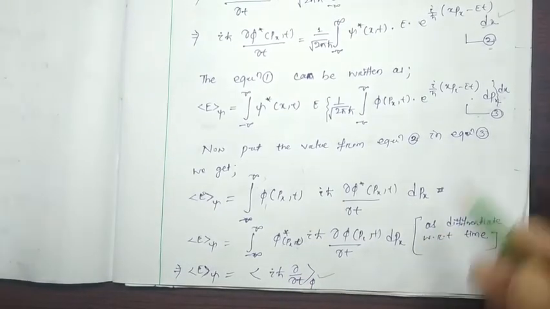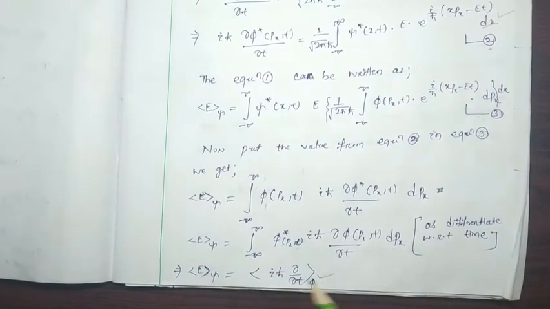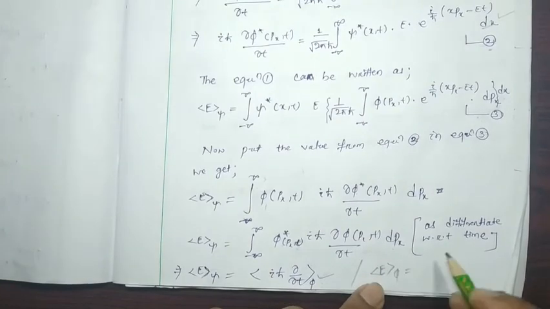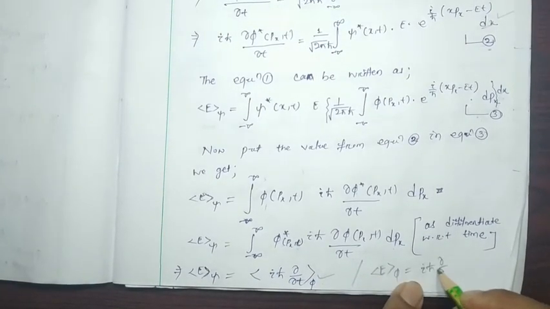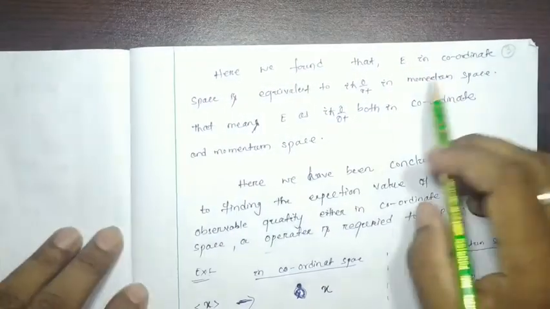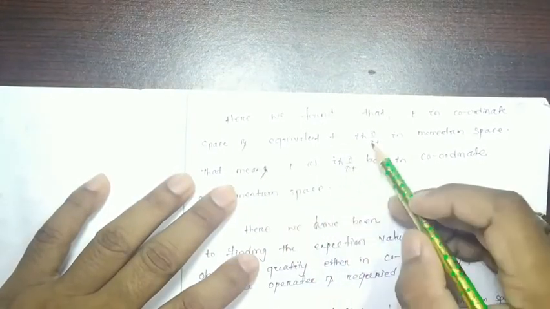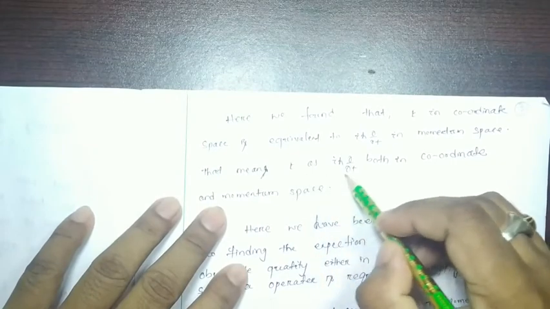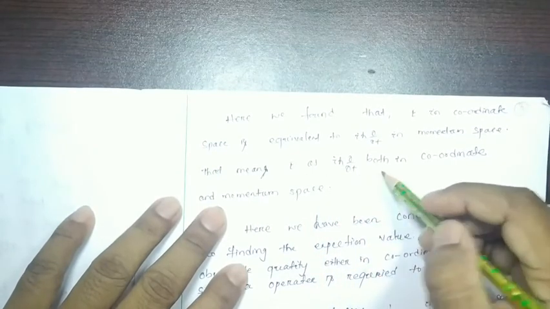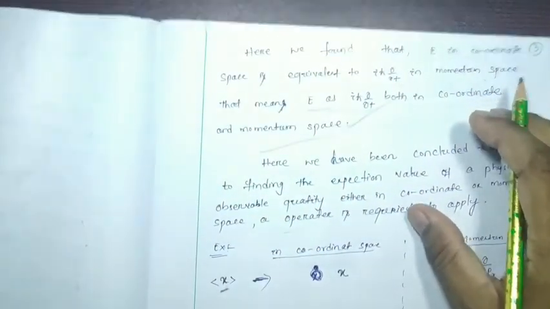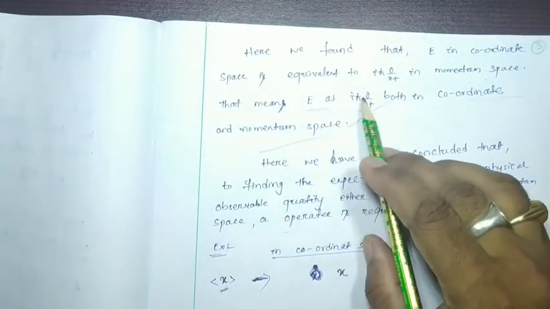Previously we found that E in momentum space is nothing but i h cross del by del t in coordinate space. So here we conclude that E in coordinate space is equivalent to i h cross del by del t in momentum space. That means E is i h cross del by del t both in coordinate and momentum space.